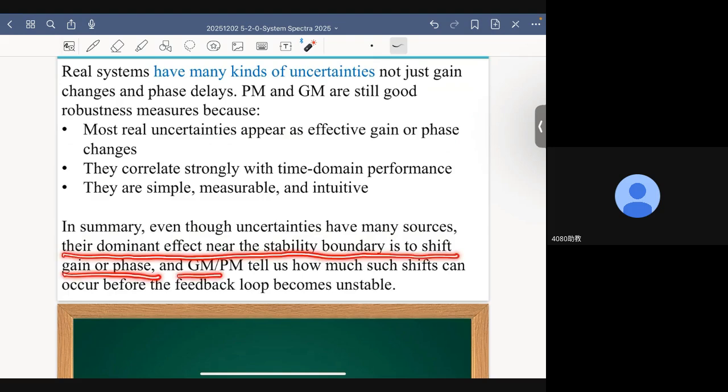And gain margin and phase margin tell us how much such shifts can occur before the feedback loop becomes unstable. So these statements tell us exactly why gain margin and phase margin are critically important, because even though on the surface they are limited, no matter what the uncertainties really look like, their dominant effect near the stability boundary is still to shift the gain or phase.